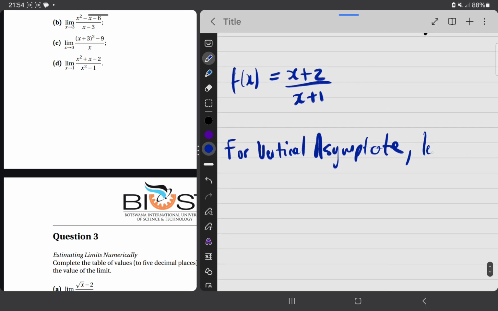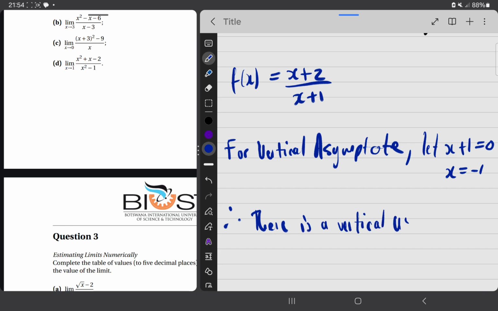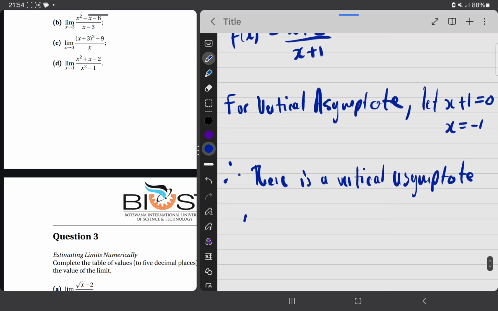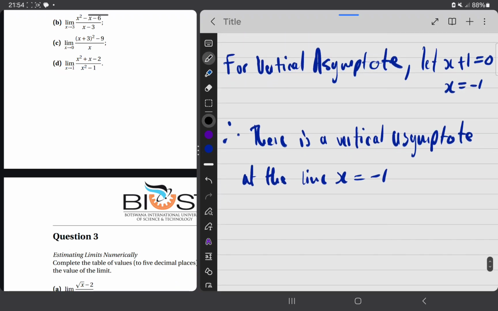So let x plus 1 equal to 0, which means x equals negative 1. You can say, therefore, there is a vertical asymptote at the line x equal to negative 1.